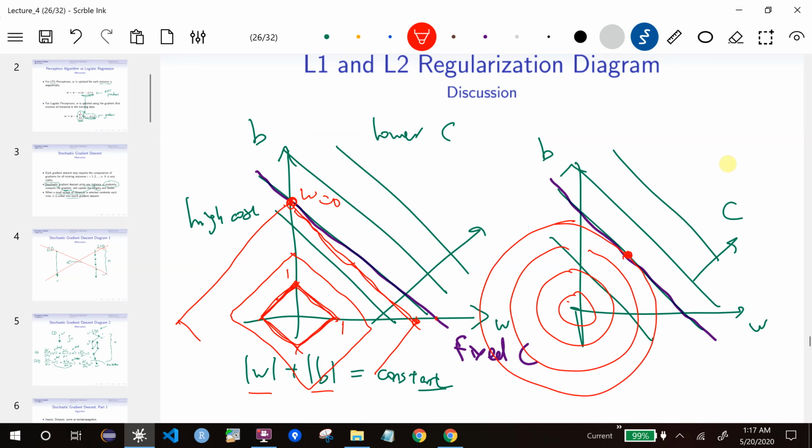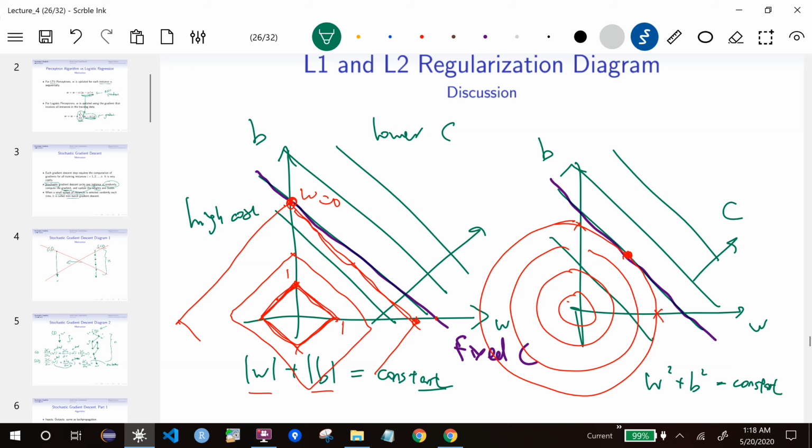And here it's not B equals 0 or W equals 0. So the expression here is W squared plus B squared is constant. That'll be why we are getting kind of good weights, but they are not exactly 0.